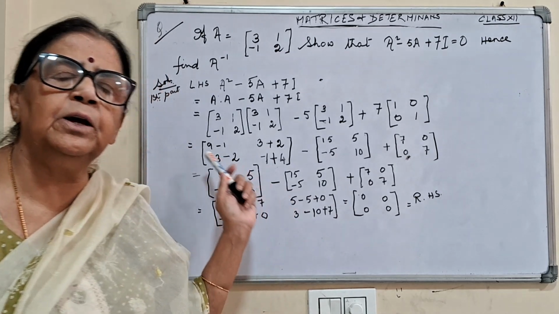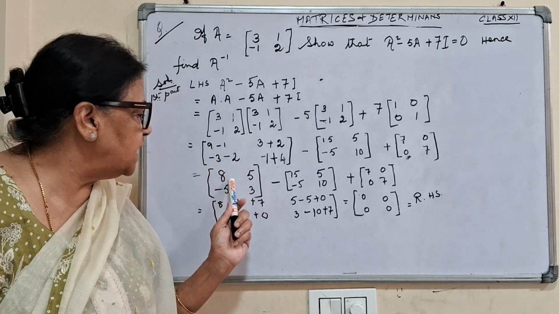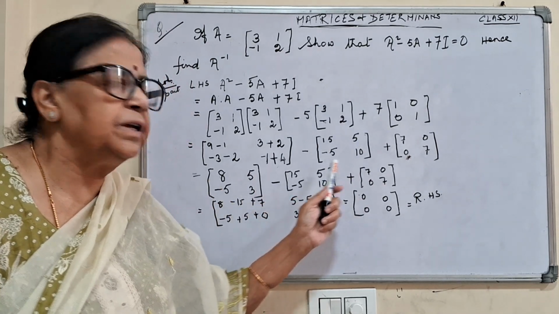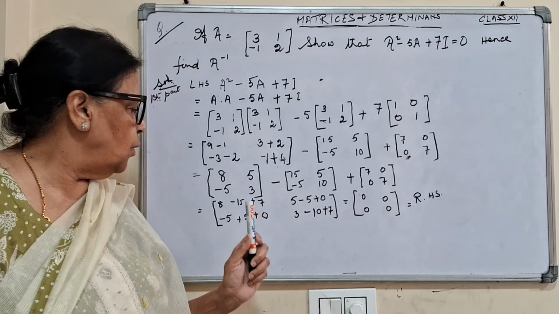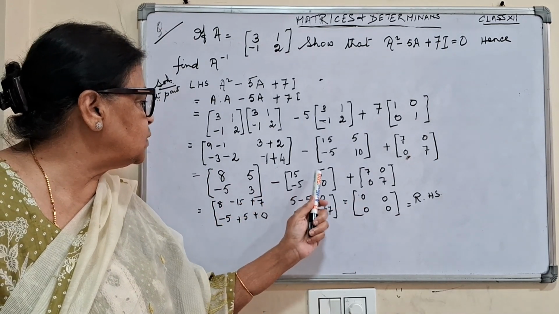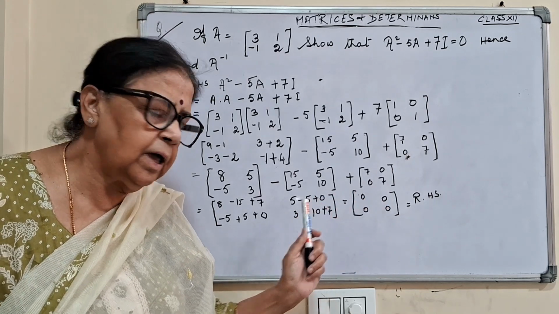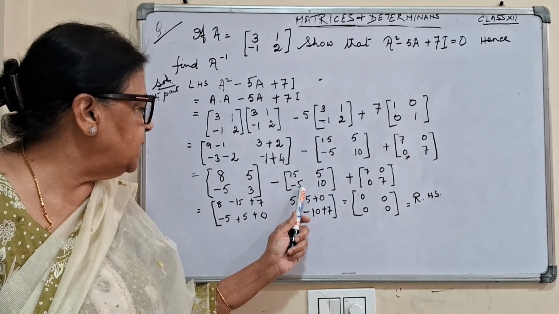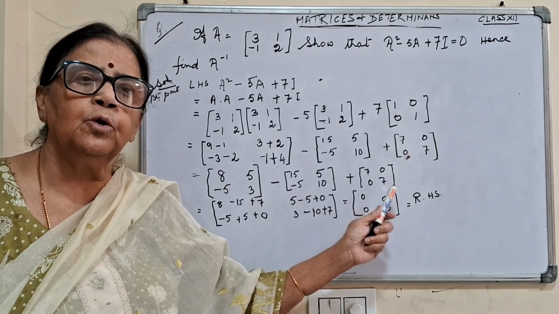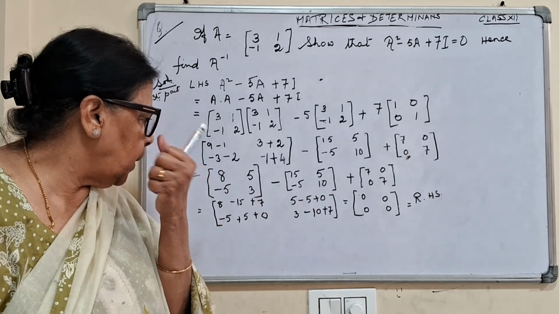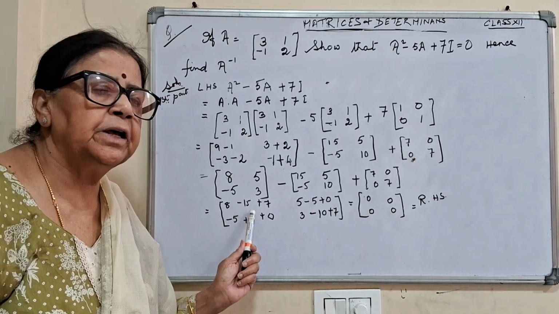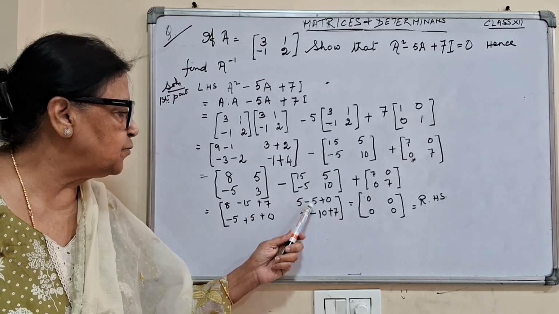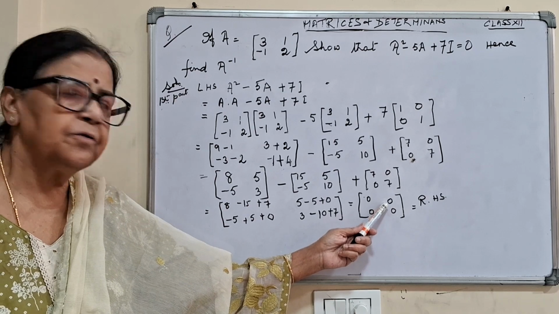This we have simplified. Then it is this minus this plus this, each element. 8 minus 15 plus 7, how much is it? 0. Then 5 minus 5 and 0 is 0.